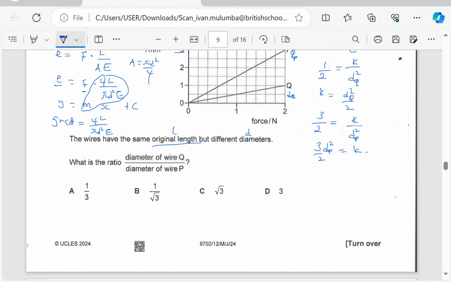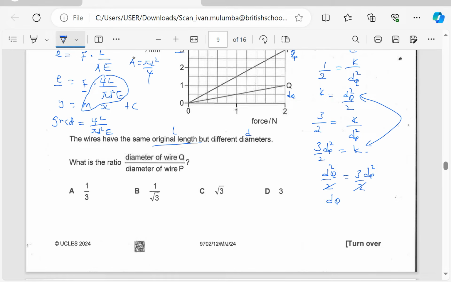The two equations are equal. You can do this in the simplest way, but me, I love doing some mathematics. So I'm combining these two equations. Diameter of Q squared divided by 2 is the same as 3 times diameter of P squared divided by 2. The 2 has cancelled.